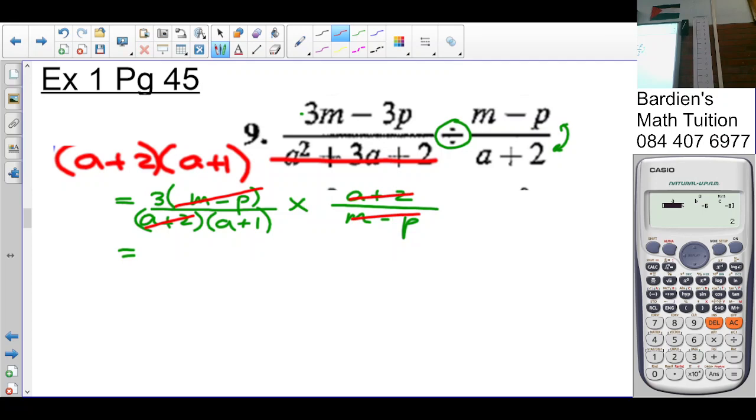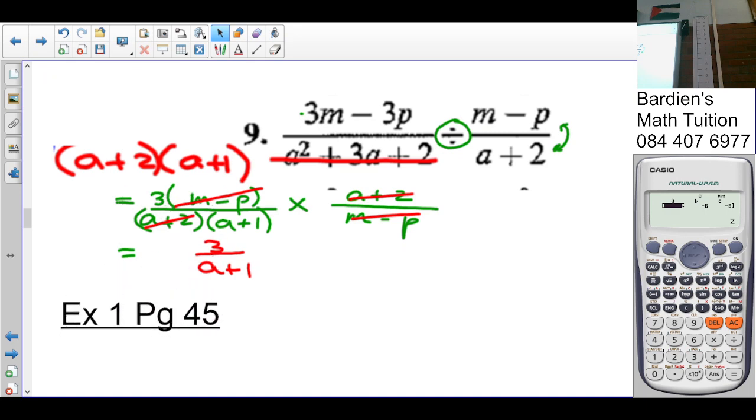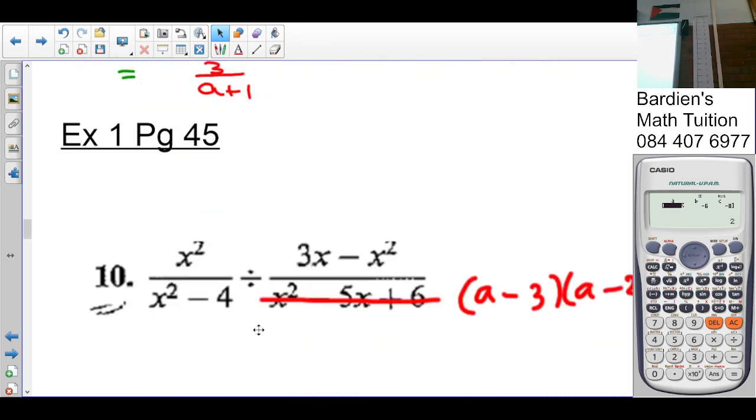That's it. So on top, in the numerator, I'm left with 3 over a plus 1. Got it? Don't lose it. Okay. Next one.